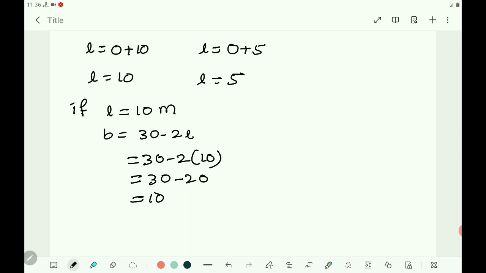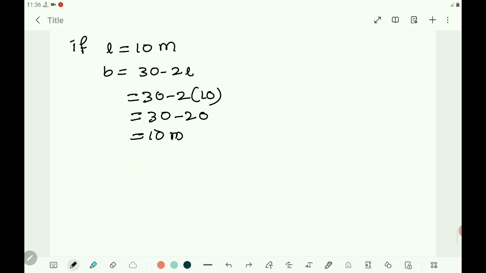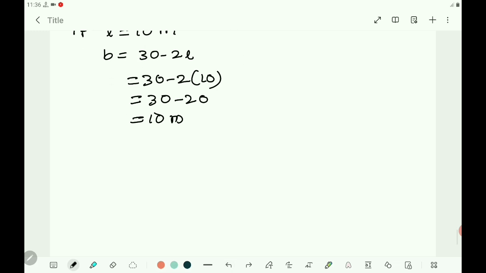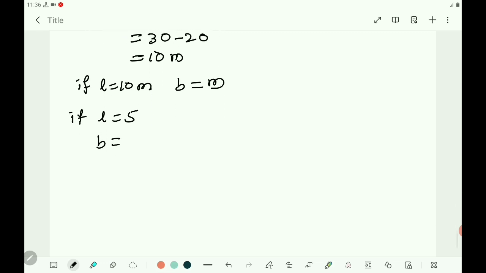That is 10 meter. If L is equal to 10 meter, then B is also 10 meter. Or if you take L equals 5, B equals 30 minus 2L, equals 30 minus 2 into 5, 30 minus 10 equals 20.